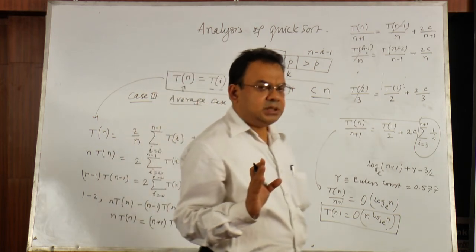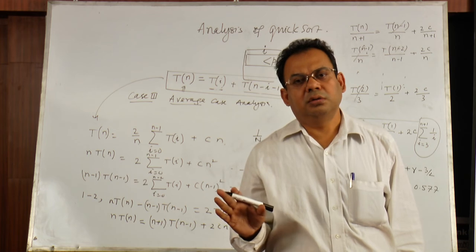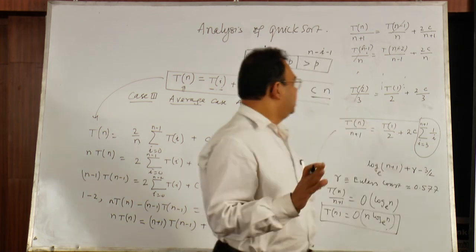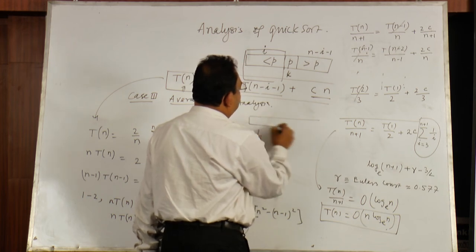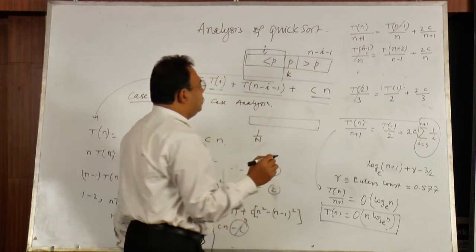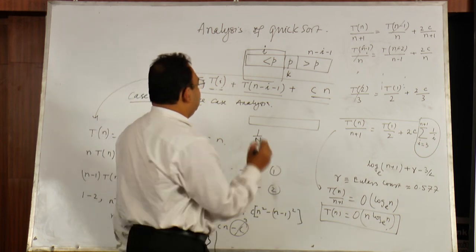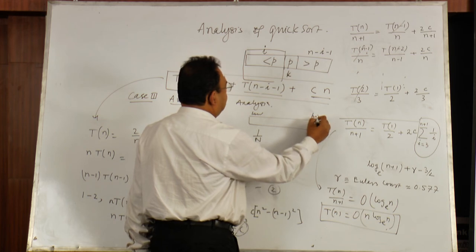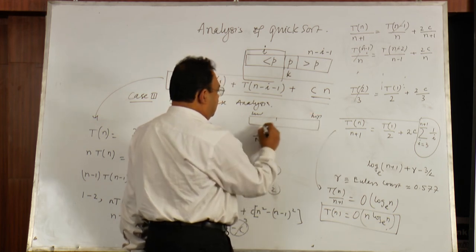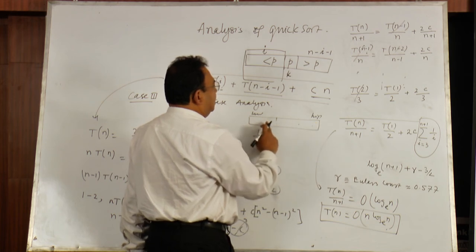Now, when can we ensure that this average case will be the result in all situations? If we have any input array and we select the pivot element randomly between the starting positions low and high, the pivot can be at any position, because it is generated randomly.